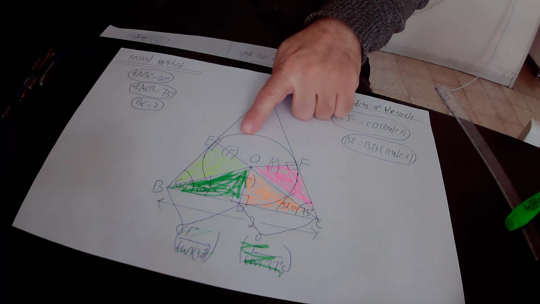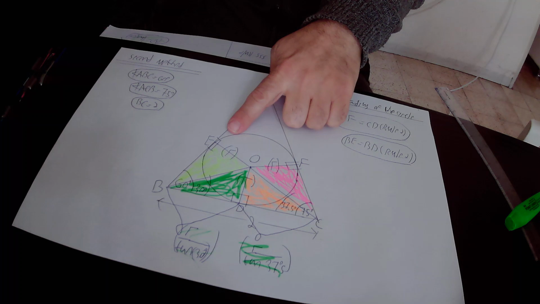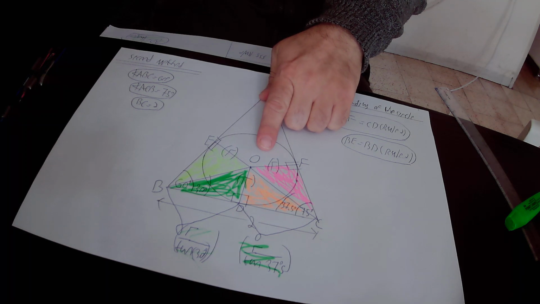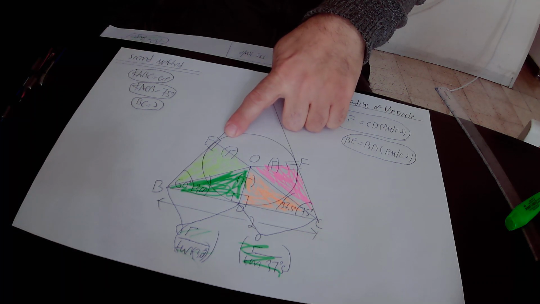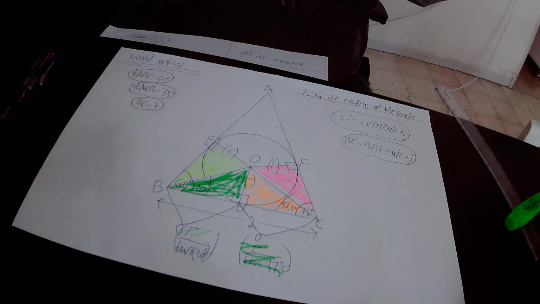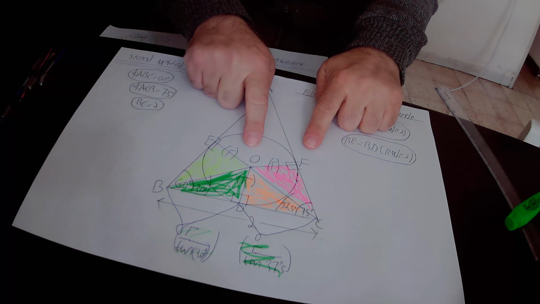Likewise, we join points O and E together by a straight line. OE is the radius of this circle, equal to R. The radius OE is drawn to point E. Therefore, according to rule number 1, this angle will be equal to 90 degrees, and this angle also equals 90 degrees. Likewise, we join points O and F by a straight line.